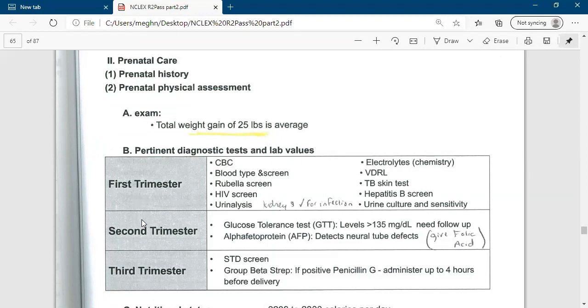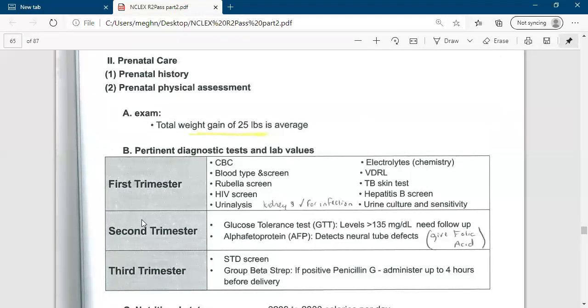So keep in mind how many times the mother has to go for a doctor visit, primary care visit, or healthcare provider visit. From the first week up to 28 weeks, the mother goes at least once a month.